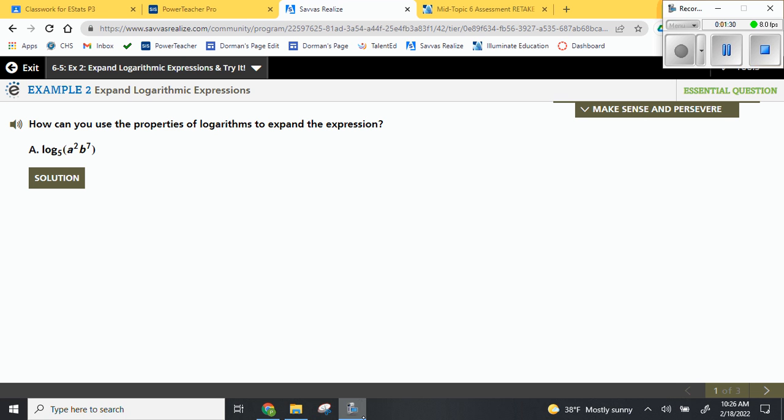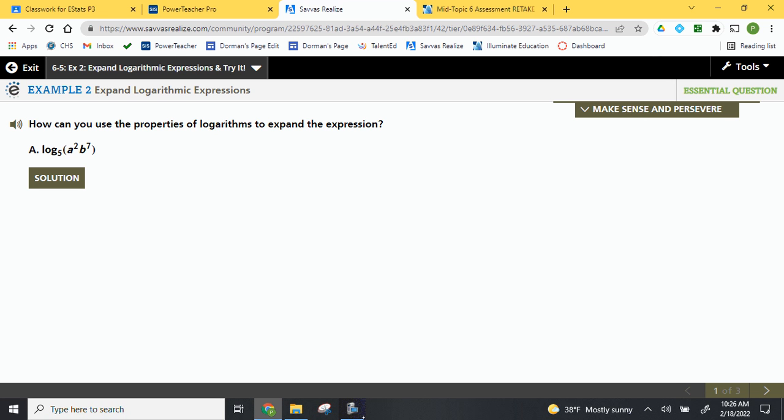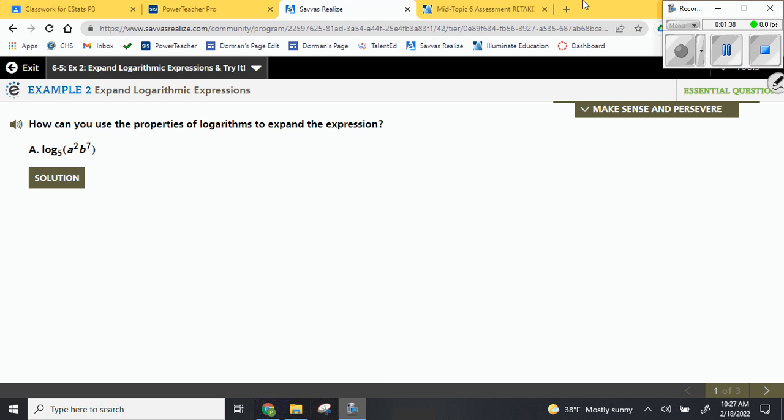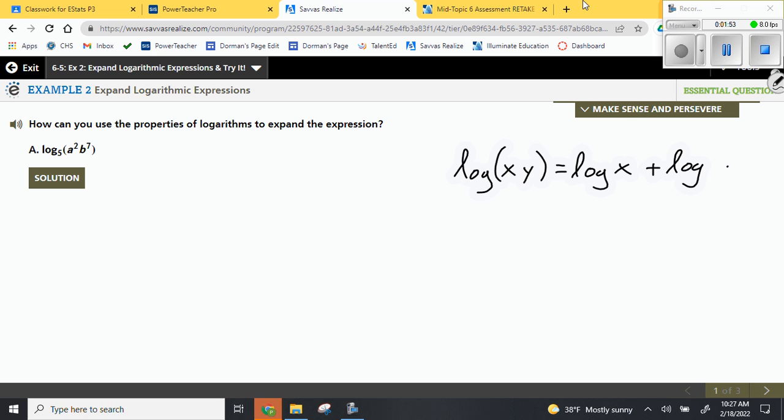I'm going to use the property that says that if I have some log base whatever of x times y, that's equal to log of x plus log of y.